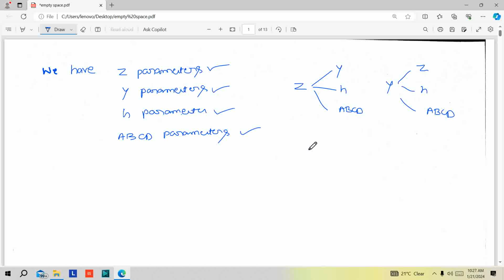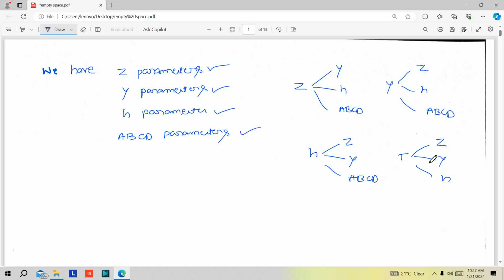Next, H to Z, H to Y, H to ABCD. Or T, ABCD parameters, also called T parameters: T to Z, T to Y, T to H. So there are 12 possibilities.